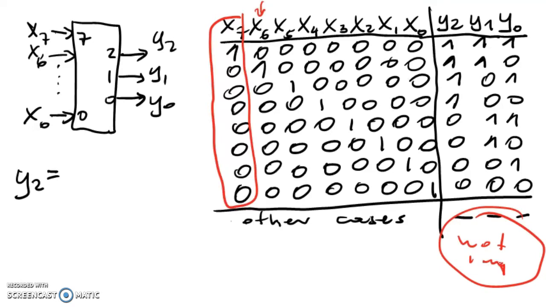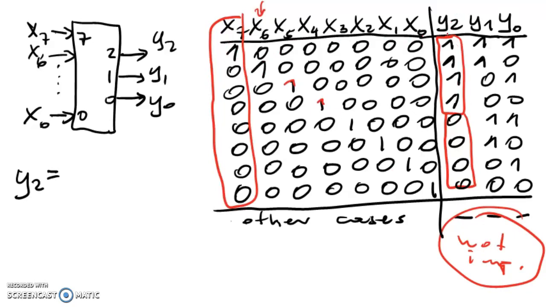We are only scanning these lines, and we'd like to get these 4 ones and zeros here. How do we do it? Look at this. It is very important that each of these input columns, the input variables, has a single one in different positions.